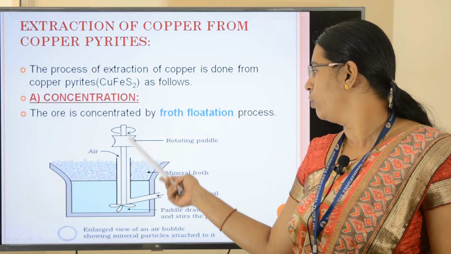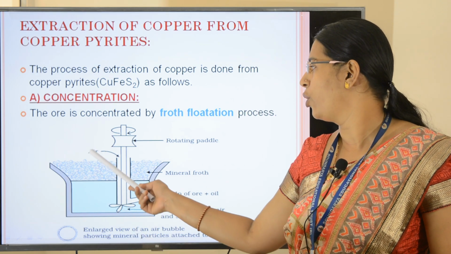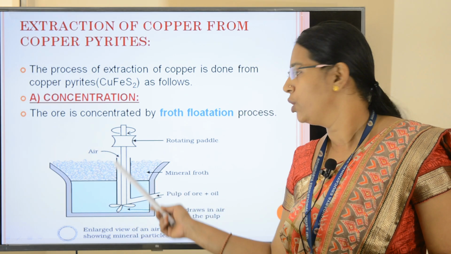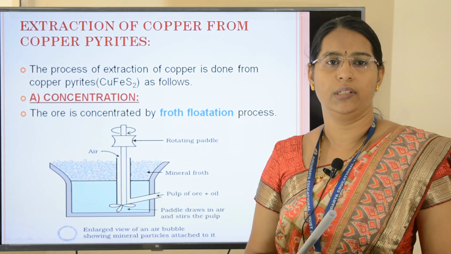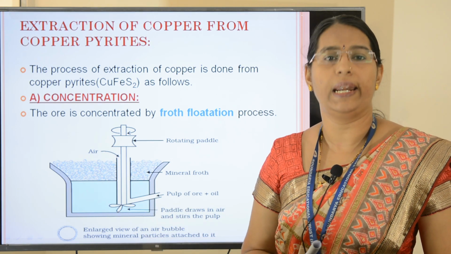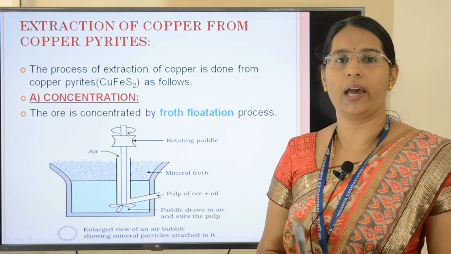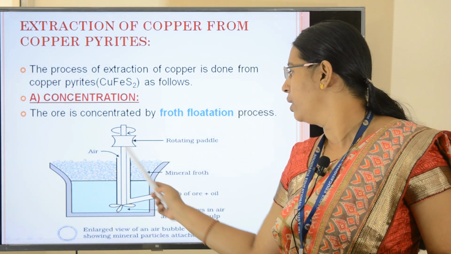Then a rotating paddle continuously rotates the mixture and draws air inside it, during which process a froth is formed. The mineral particles attach to the froth, so the froth rises upwards and it can be separated.